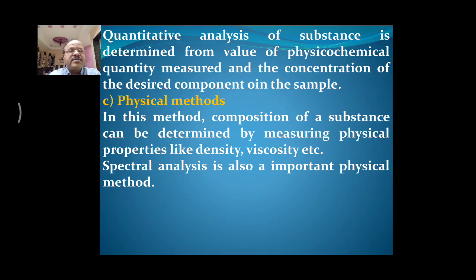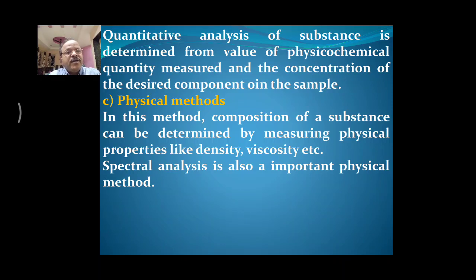The third method is physical methods. In this method, composition of a substance can be determined by measuring physical properties like densities, viscosities, etc. Composition of a substance means by which constituents that substance has been made.